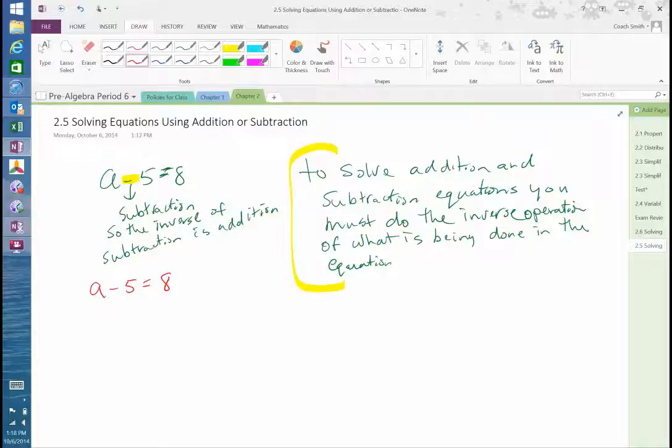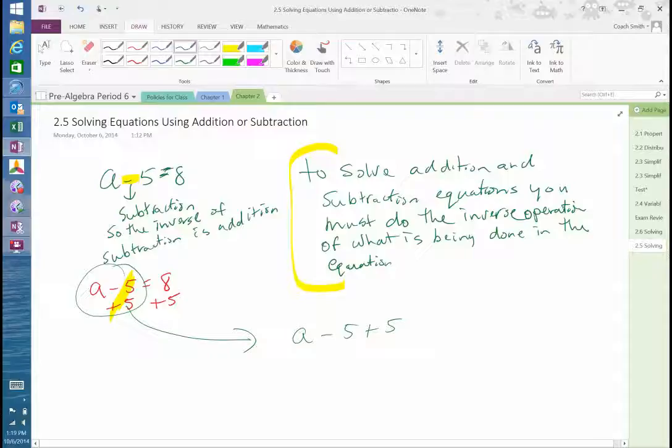That is correct. So the inverse of subtracting 5 would be to add 5 to both sides. You add 5 here, and we add 5 there. Now the 5 here cancels out. If I have a minus 5 plus 5, it doesn't matter what a is. If I subtract 5 from it and then add 5 back, don't I end up with the same number?